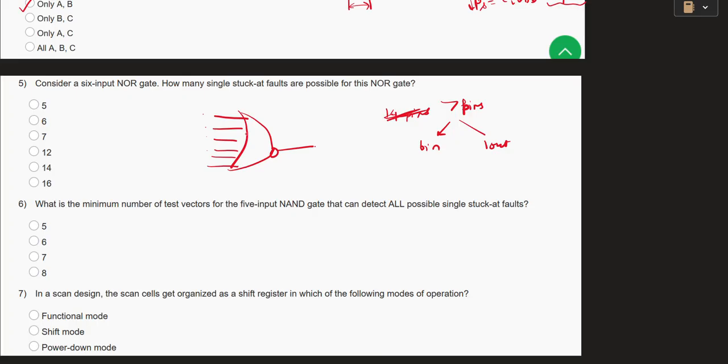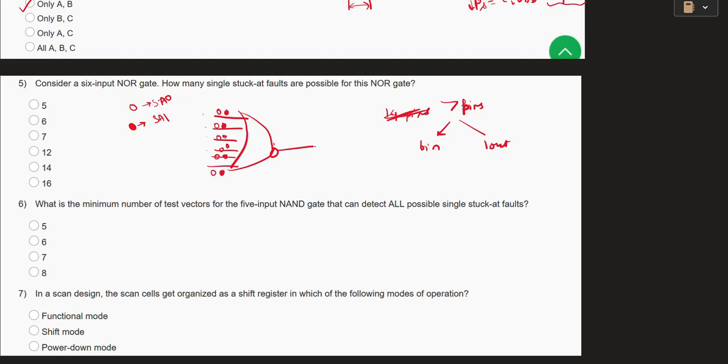Now, each of the pins can be affected by one of the faults. It can be either stuck at 0 or stuck at 1, right? This one can also be stuck at 0, stuck at 1, stuck at 0, stuck at 1, stuck at 0, stuck at 1, stuck at 0, stuck at 1. Like this, the open bubble shows stuck at 0, and this closed or filled bubble is called stuck at 1 in my diagram.